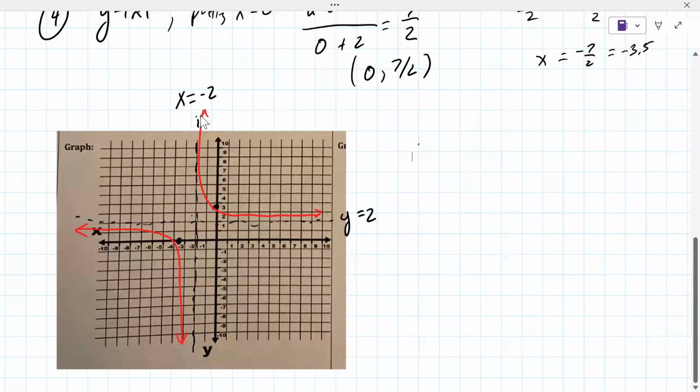Basically, it's like, how do I go through this point, but not cross these dashed lines? You can't connect this point and that point. You can't come up from down here. There are just some things that you cannot do.